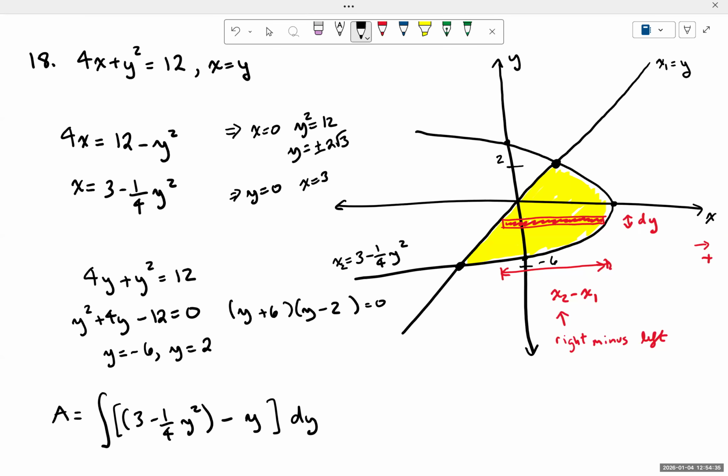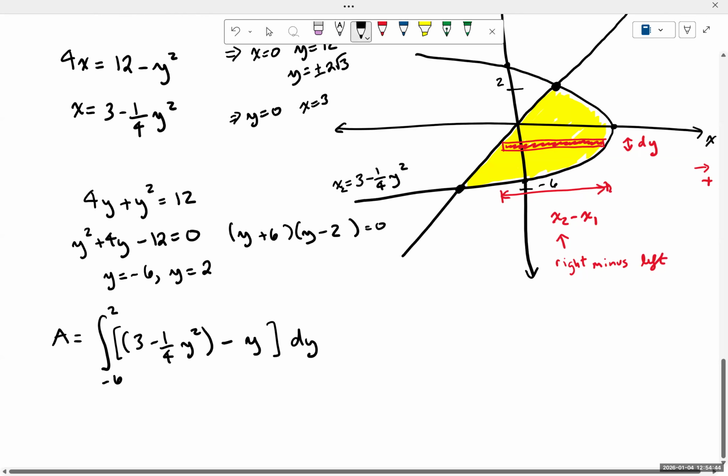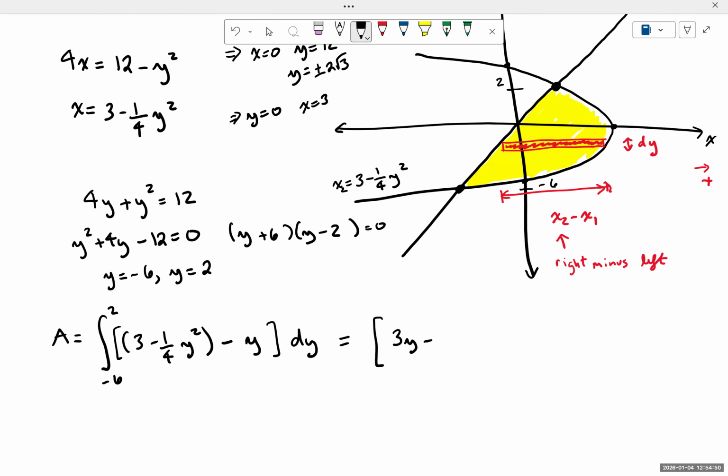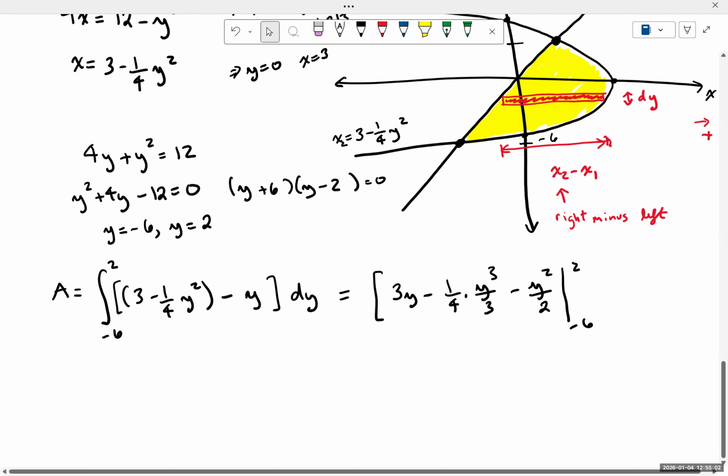And so maybe my picture isn't as to scale as it should be, but that's life. Okay. So now the rest of this is easy enough. Integrate this. I'm going to have 3y minus 1/4 times y cubed over 3 minus y squared over 2. And I'm going to evaluate it from 2 to negative 6.